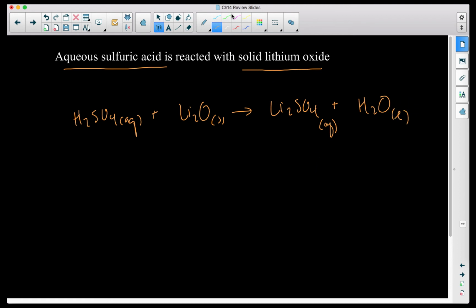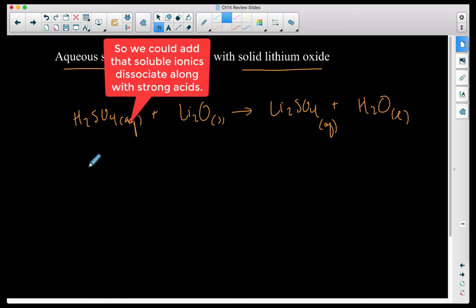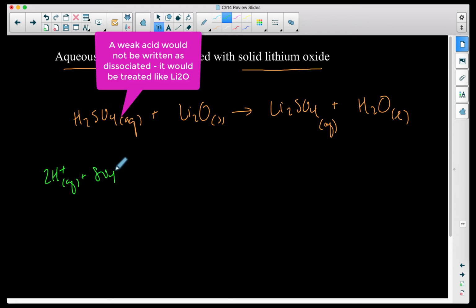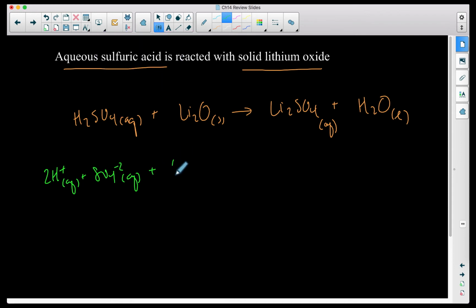Now we need to dissociate this into their respective ions if they dissociate. Here we have sulfuric acid, which we did not go over memorizing strong acids and weak acids. But in this case, if you were to write your acids dissociated, that would be okay, and I would accept that regardless of the acid. So here we have sulfuric acid, which means I get 2 H pluses plus a sulfate, plus I get what?